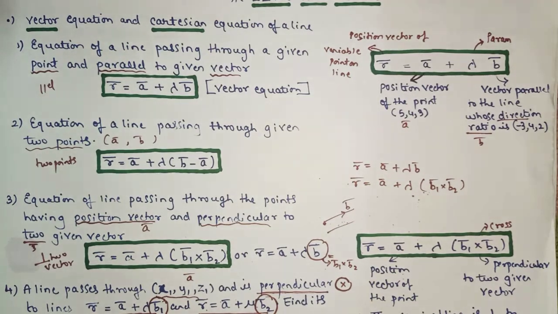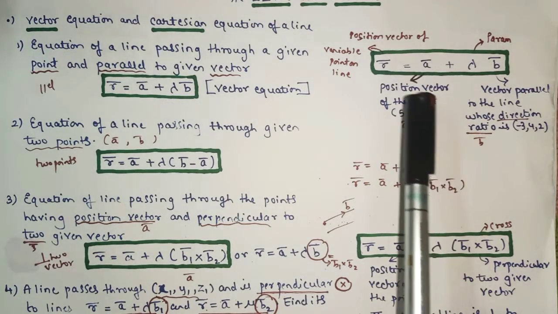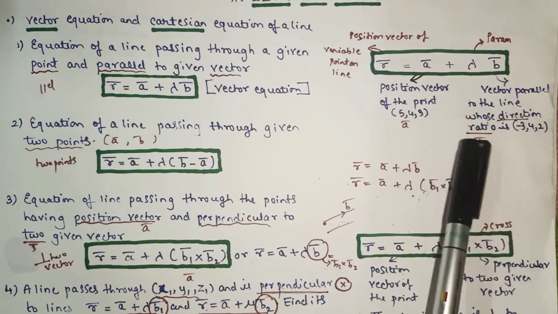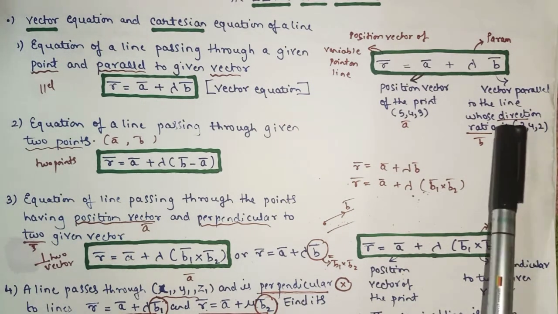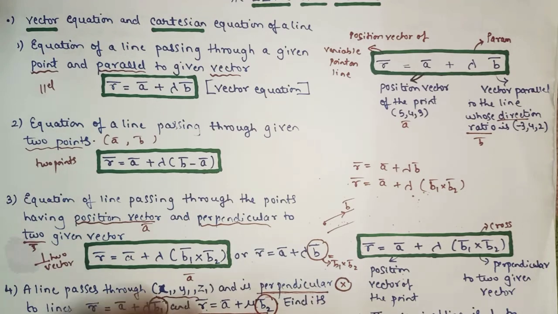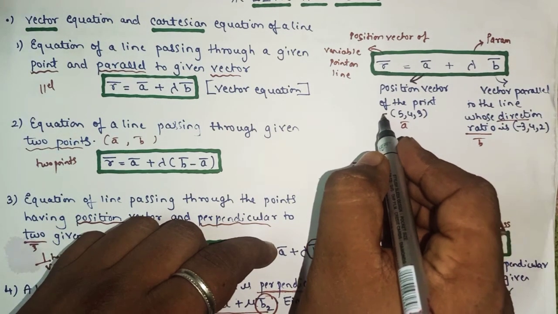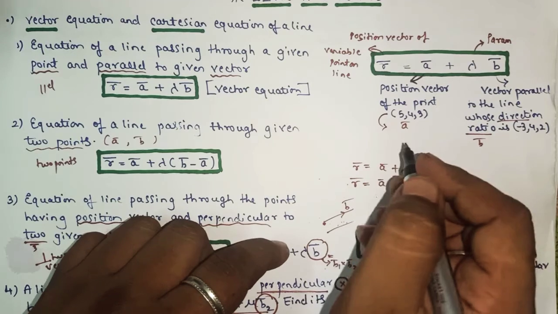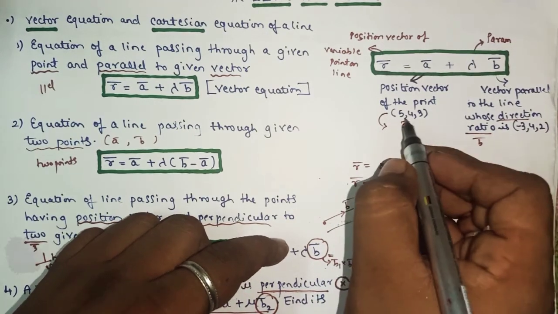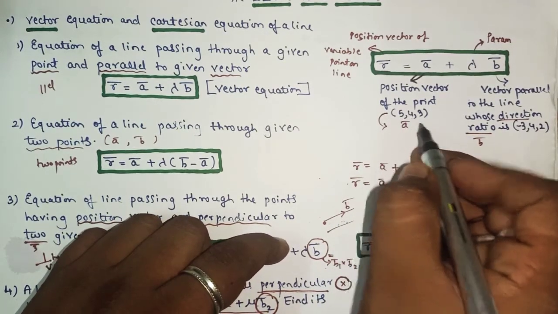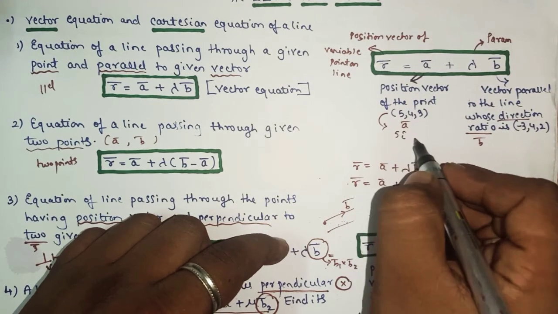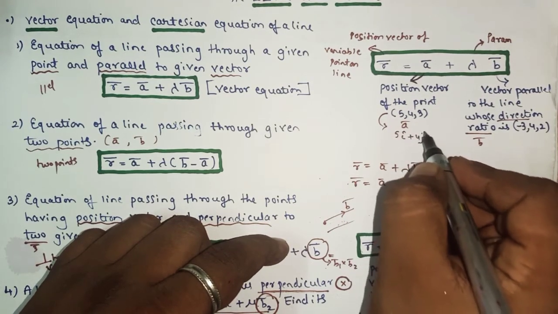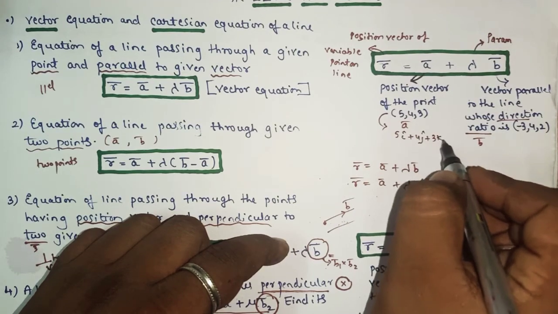Remember this, okay? Whenever a point or a direction ratio is given like 5, 4, 3 or minus 3, 4, 2, you have to convert it into vector form. The first is i, the second is j, and the third is k. So this can be written as 5i cap plus 4j plus 3k.